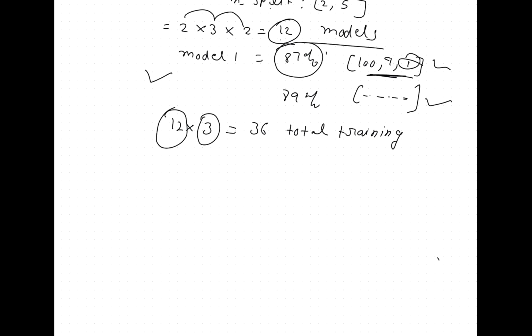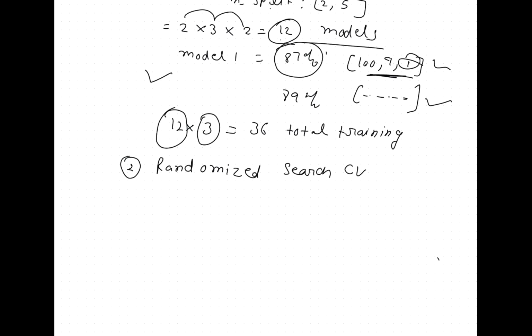So the second method we will use today is the randomized search CV. If you use this one, instead of trying all combinations, it randomly samples a fixed number of combinations from the parameter grid.